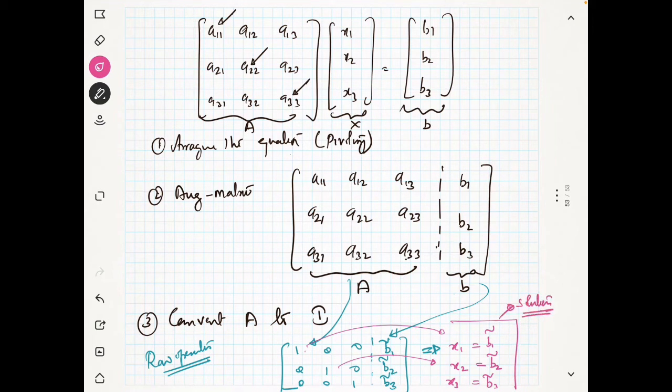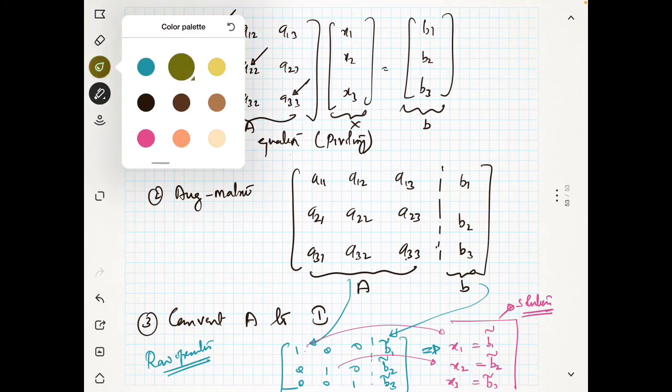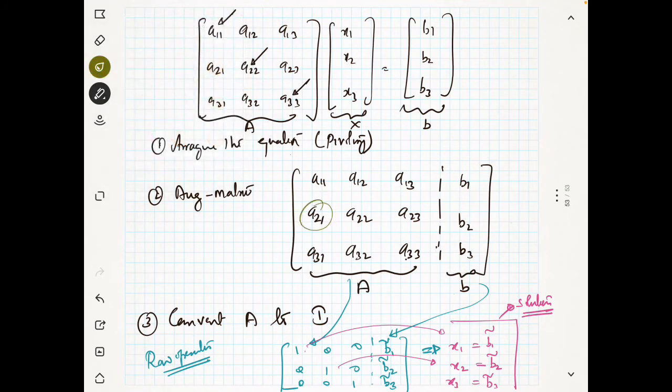So we will see a problem. In this case, you have the procedure. You will first make this 0, then this one 0, then next you will make this 0, and next you can make this 0.